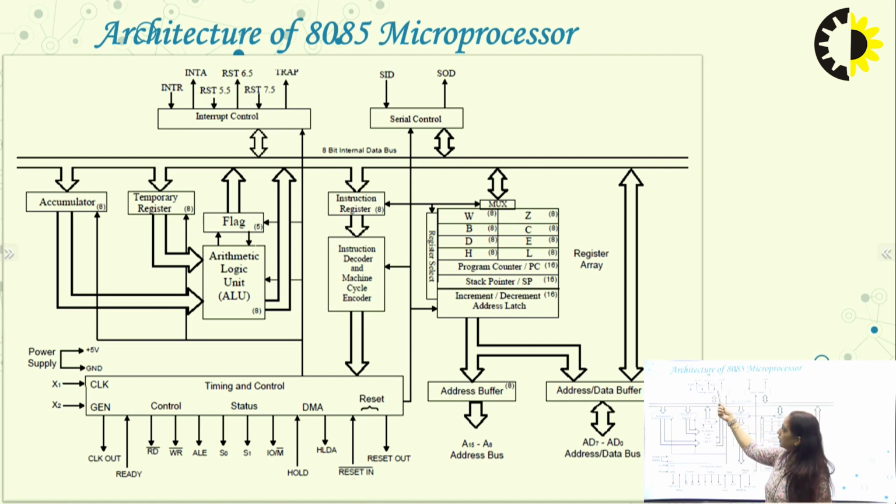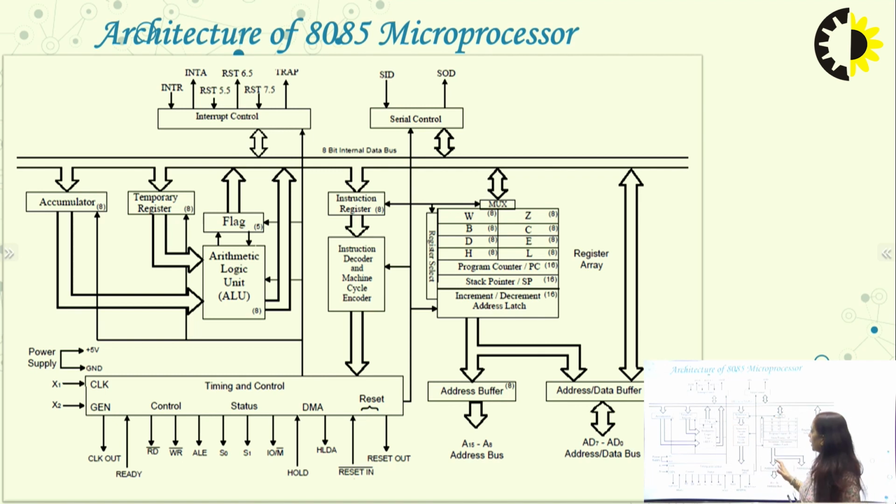And simultaneously, if you have RST 7.5, RST 6.5 and RST 5.5, suppose I have 3 subroutines and I have connected all the 3 subroutines to these pins. Depending upon the priority, RST 7.5 will be executed first. Then after that execution, RST 6.5 will be executed, and then after 6.5, RST 5.5 will be executed, right?